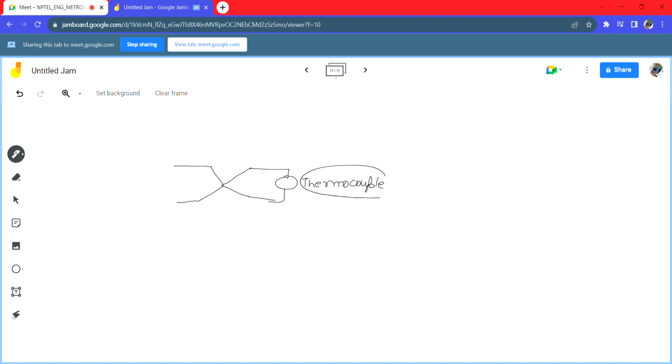This thermocouple will do nothing but measure the current I flowing through this. So this is the experimental setup for a thermocouple. And again, with the rise in the temperature, the current would rise. So it would have a positive coefficient.